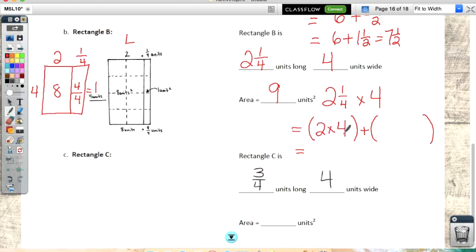And then 1/4 times 4. And that gives me 8 plus 4/4, which equals what? 9. Okay, how you doing? Good. Am I going too fast? A little bit? Okay, so I'll slow down.